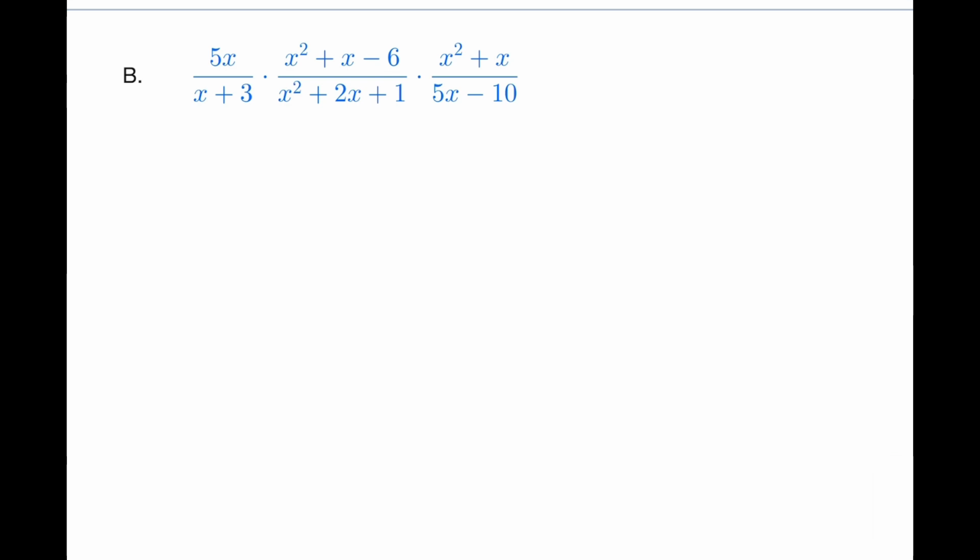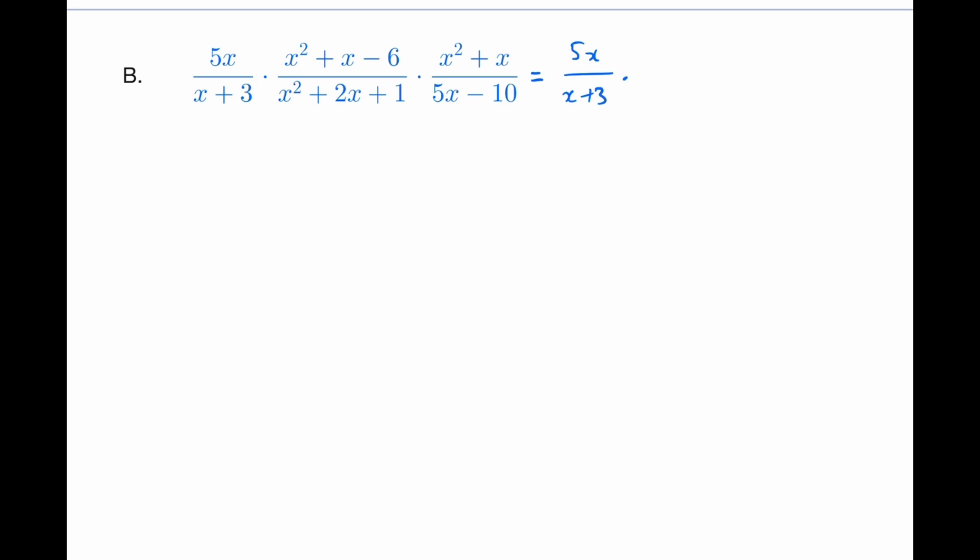Here we've got a bunch of polynomials, and we shouldn't let this throw us off. But before we multiply across the numerator and across the denominator, we should probably simplify, otherwise this will get very complex. So we would say that this is equal to 5x over x plus 3 times, and then you should be able to recognize that this polynomial is factorable.